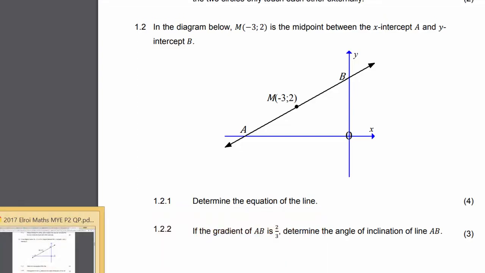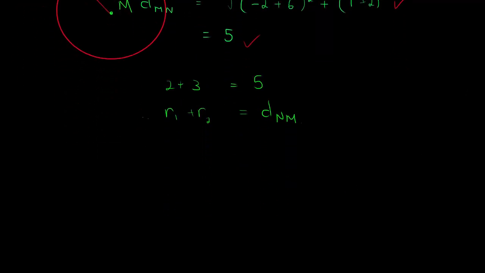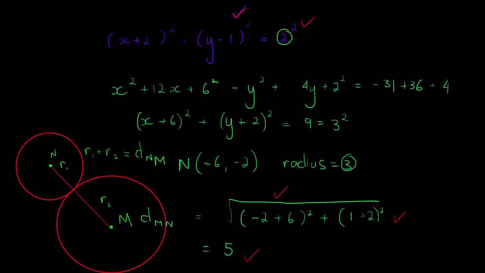So if I wrote this then as the coordinates, I would have that A is -6, 0, and B is 0, because it's on the y-axis, 4.